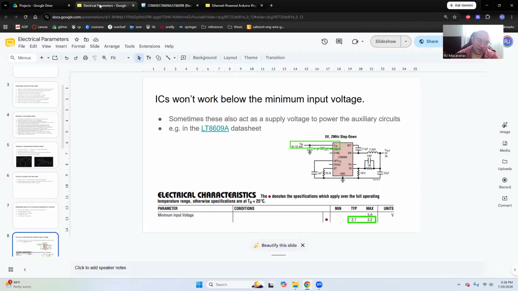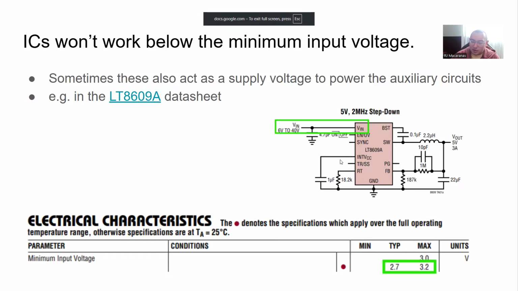So this is not necessarily an input to this chip. We don't really need to apply any voltage here to power up the chip, but we do need to put a capacitor here to actually hold up that 3.5 volt internal regulator.